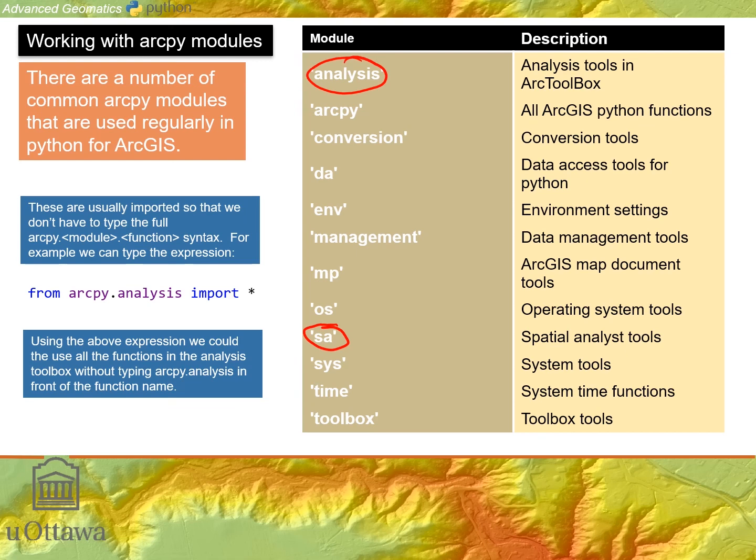So most of the time when working with ArcGIS functions through ArcPy, we just import all of the ones from a particular toolbox. ArcPy.analysis import all. Or if you don't want to do that, you can always just type ArcPy.analysis.name of tool in order to use it without importing the library. You just say from ArcPy import analysis.